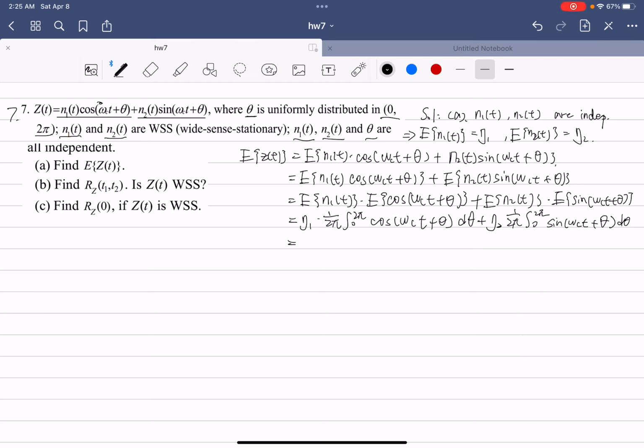This part is 0. This part is also 0, so the result will be 0.